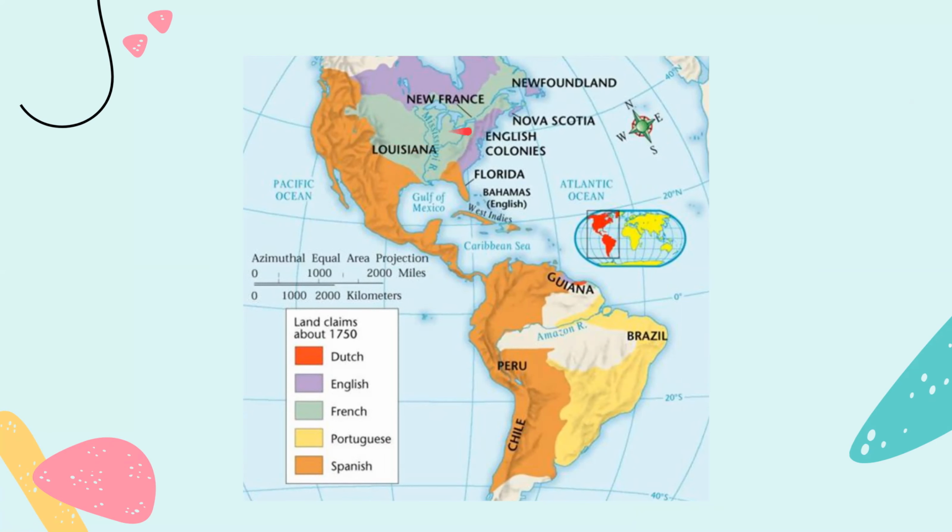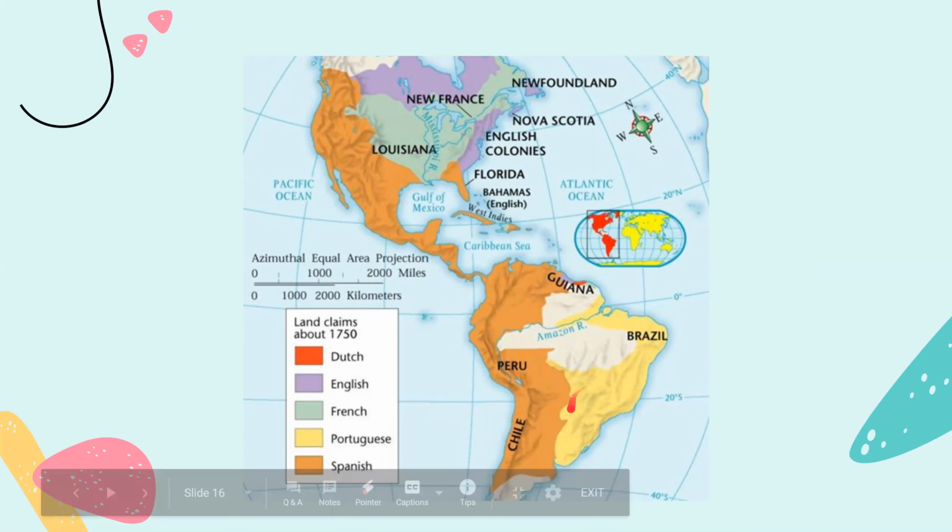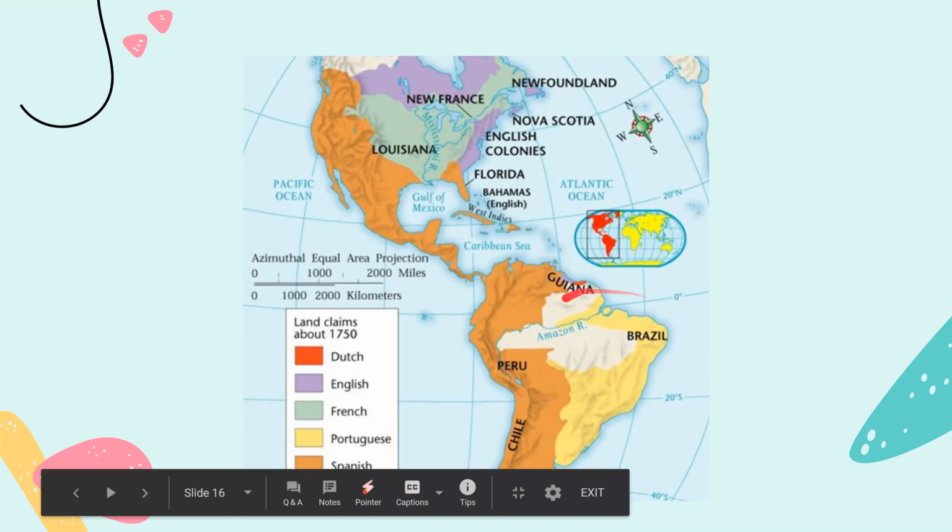This will eventually be given to the English colonies. The English colonies do, in fact, still in this time, it's still owned by the English because it's around 1750. And they have a huge amount of land up here, but they also just have the English colonies here. We see the Portuguese with Brazil claims, and this little section of the Amazon, it's still unclaimed because it's very difficult to get through the Amazon.